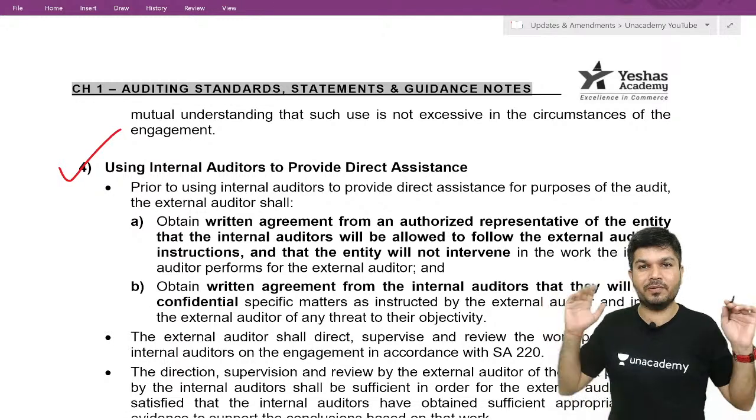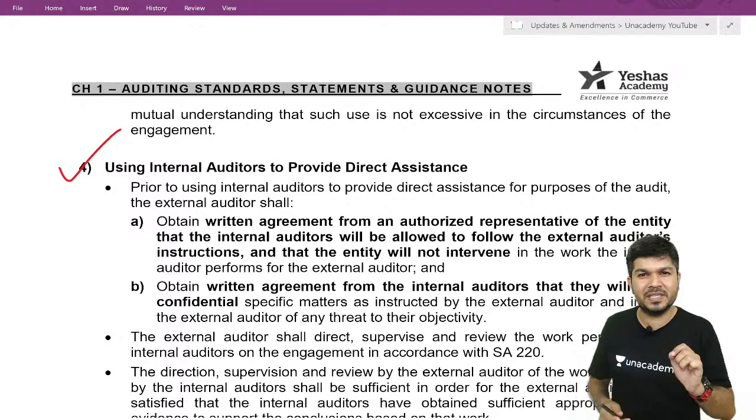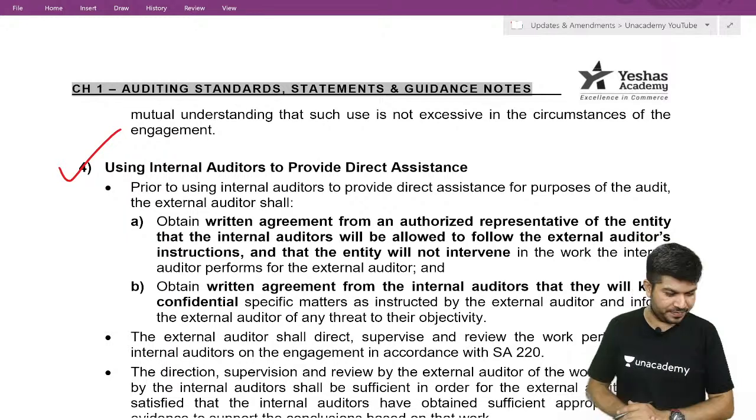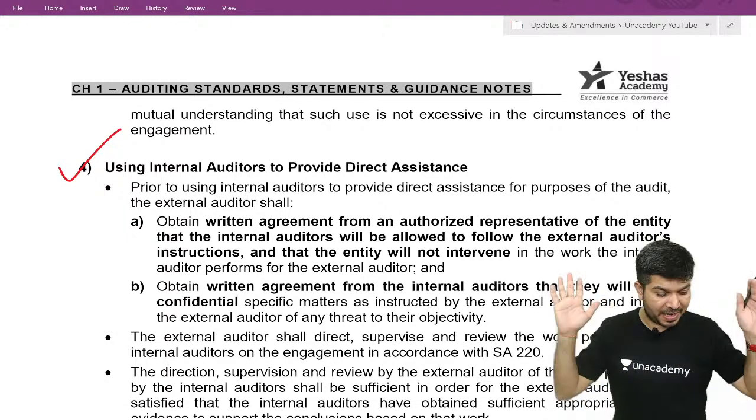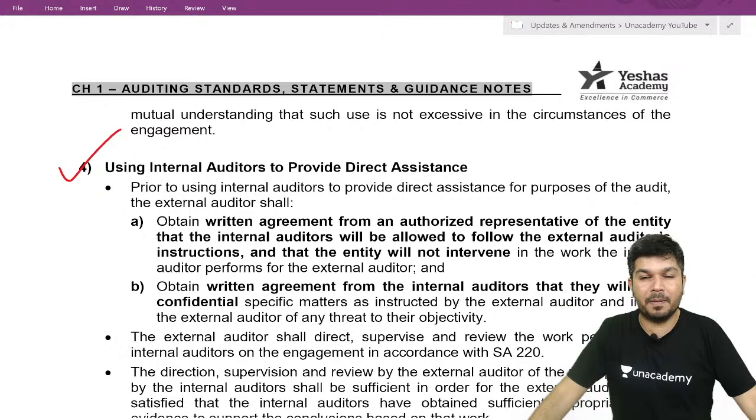Okay, one more thing. If I am using them to provide direct assistance, this 11th area they're checking, are they checking for me or for management? Sir, for us. They're checking that 11th area for us. So can I take a representation from management that they will not interfere in between?